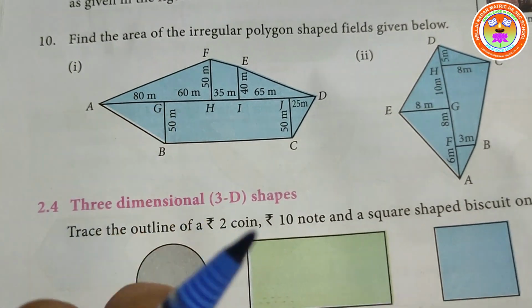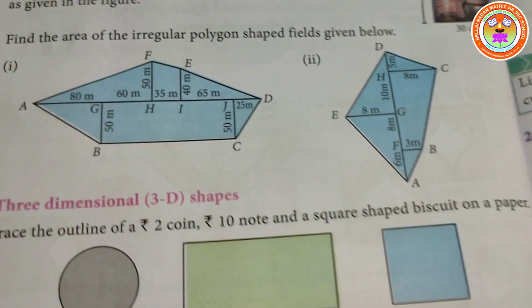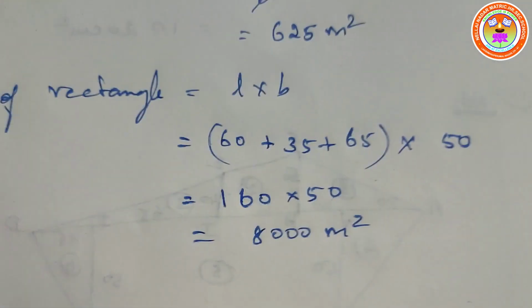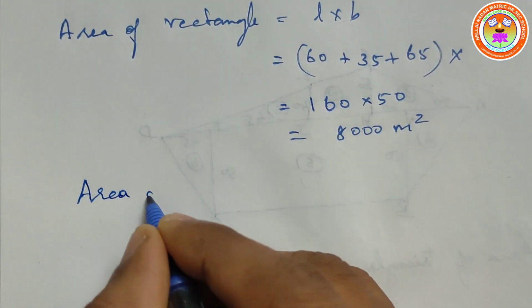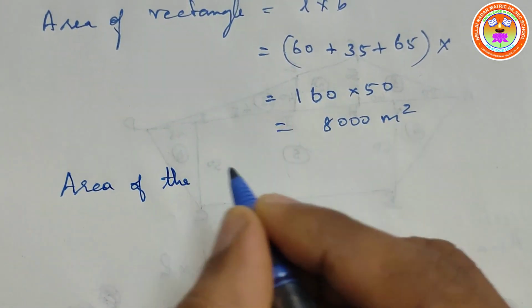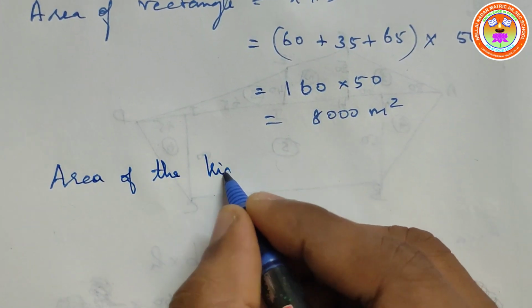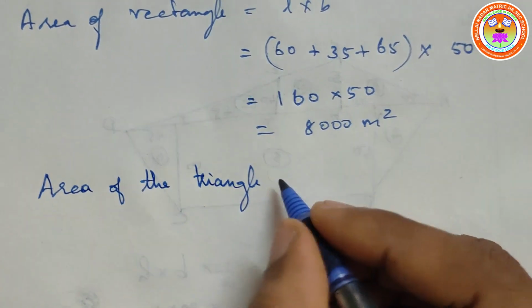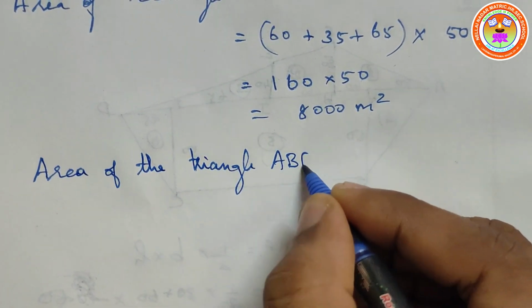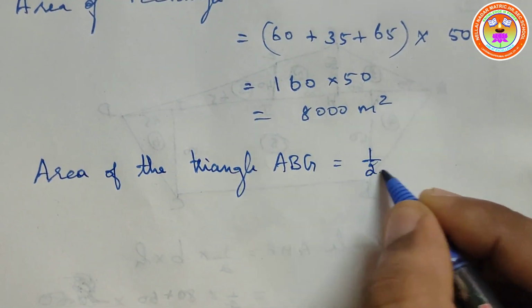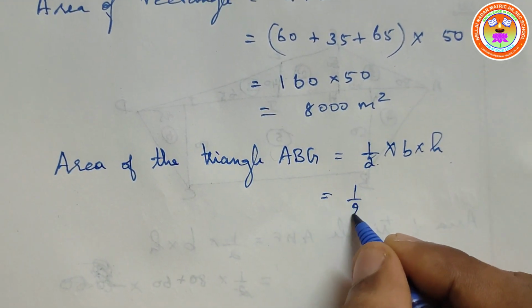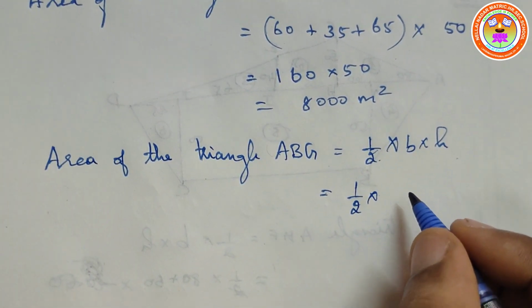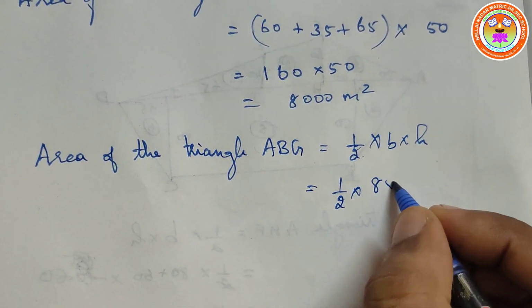The next diagram we are going to see ABG, area of the triangle ABG is equal to half into base into height, which is equal to half into base is nothing but, what is the base there? 80 into 50.